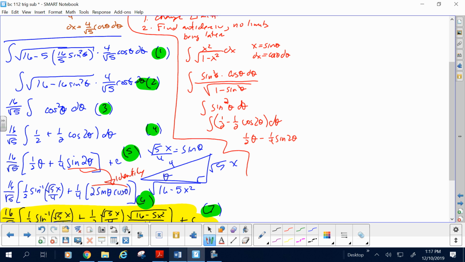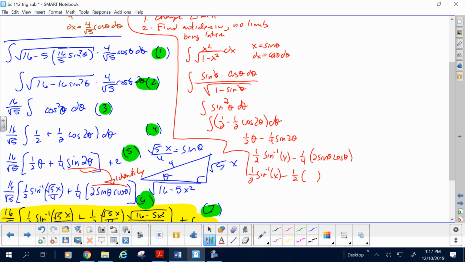Now we need to sub back. What is theta equal to? Inverse sine of x. And how do we deal with the sine of 2 theta? Identity: 2 sine theta cosine theta. So we get 1/2 inverse sine of x minus 1/2.